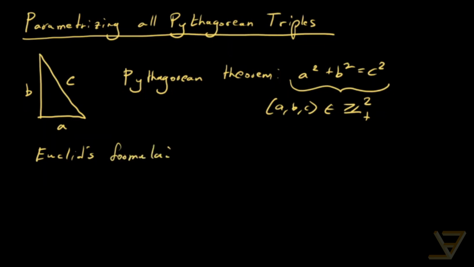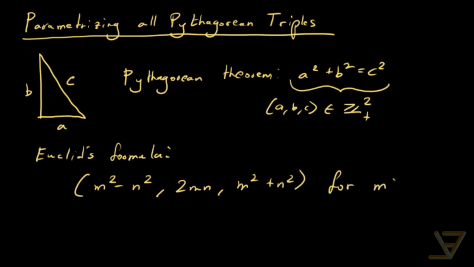Now, Euclid's formula is the following triple: m squared minus n squared, 2mn, m squared plus n squared, for integers m greater than n, and n is greater than 0, so they're positive.